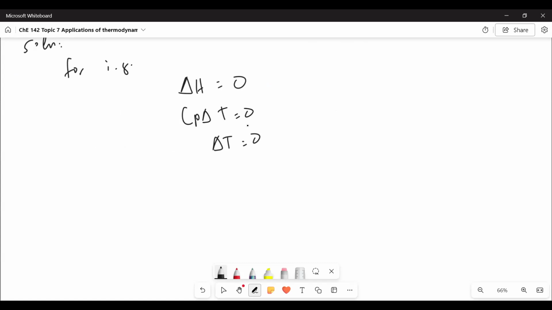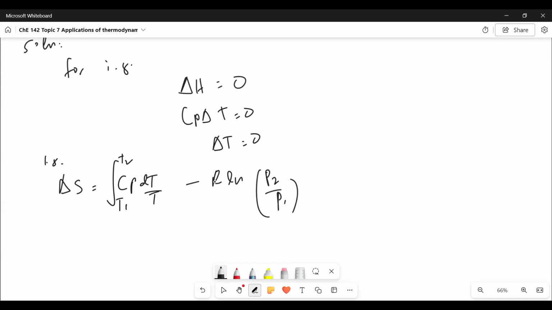Now for the entropy of an ideal gas, if you will remember, this is our equation: delta S equals the integral of Cp dT over T, from temperature 1 to temperature 2, minus R ln P2 over P1.